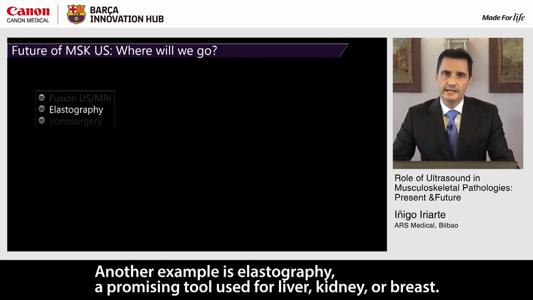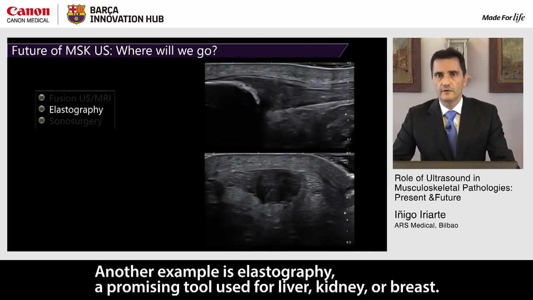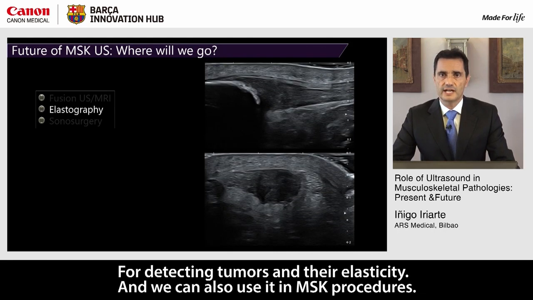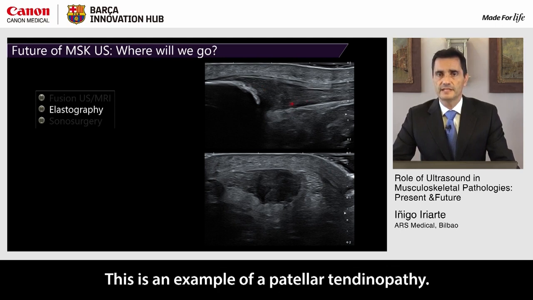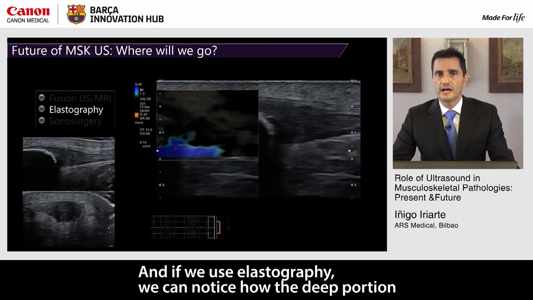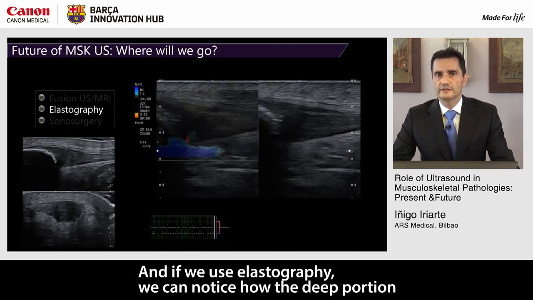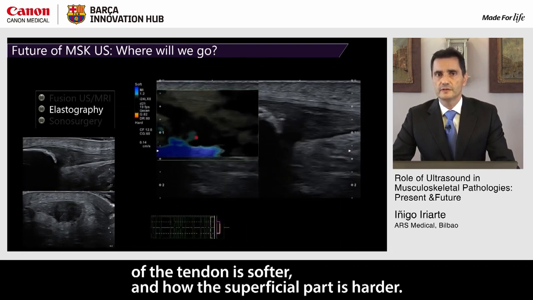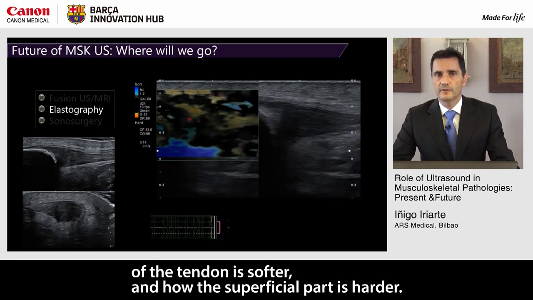Another example is the elastography, a promising tool used in liver or kidney or breast for detecting tumors and their elasticity. And we can use it also in MSK procedures. This is an example of a patellar tendinopathy. If we use elastography, we can notice how the deep portion of the tendon is softer and the superficial part harder.